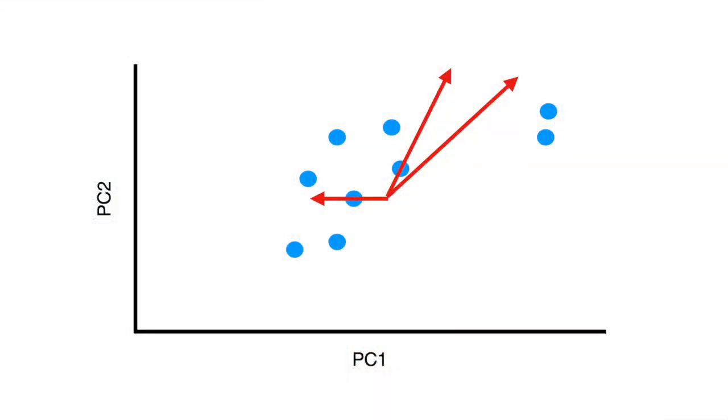So putting these two together, we get a biplot. And looking at the biplot, it's a very succinct and quick way of being able to see what kind of interesting structure has been discovered in our data using PCA.